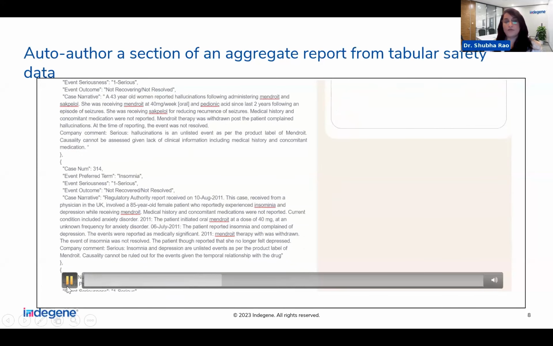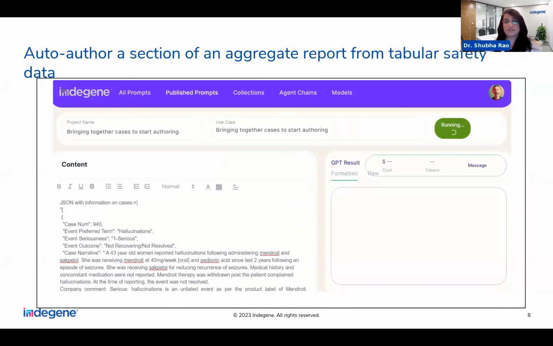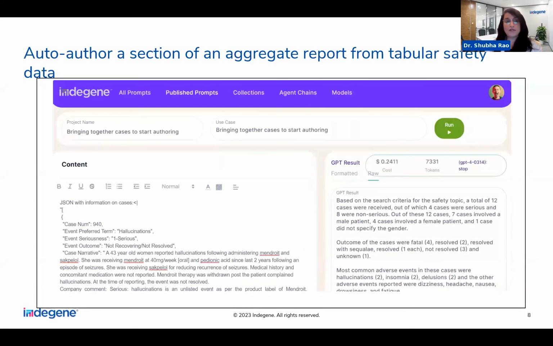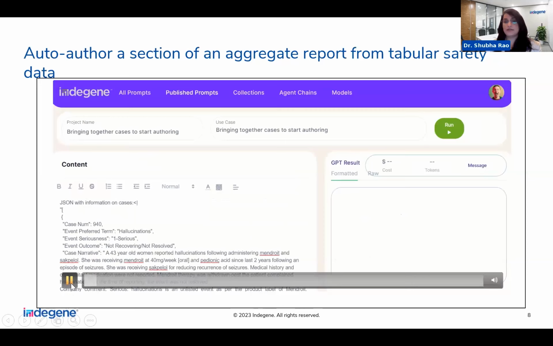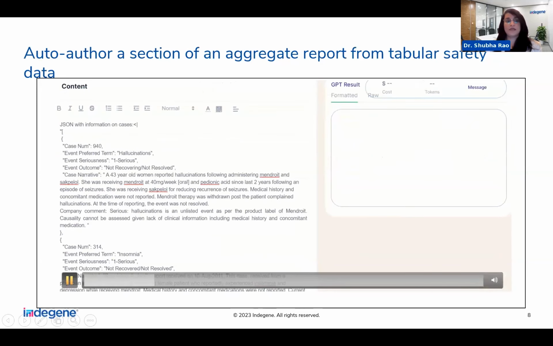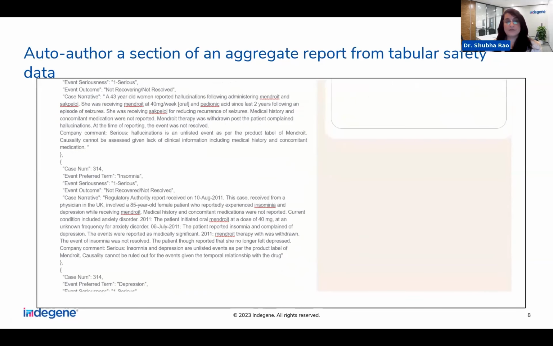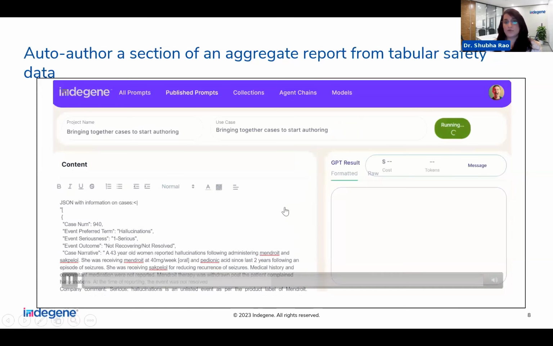And you don't see all of them here, of course, for demo purposes. So of all the line listings that I've given, it is able to identify that 12 of them belong to this reporting period. That is what you see here.